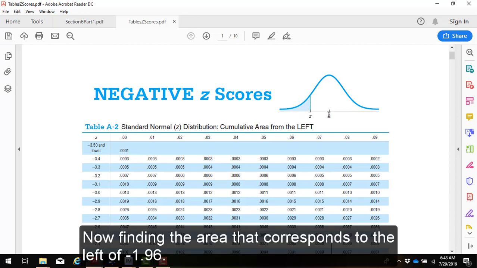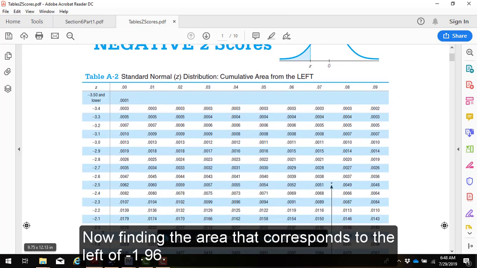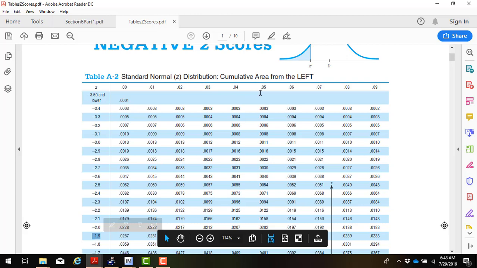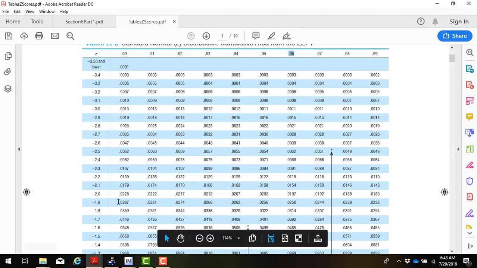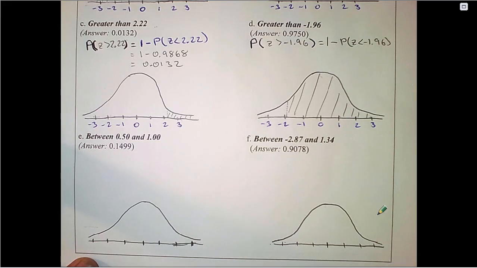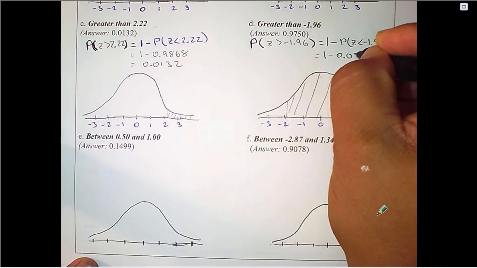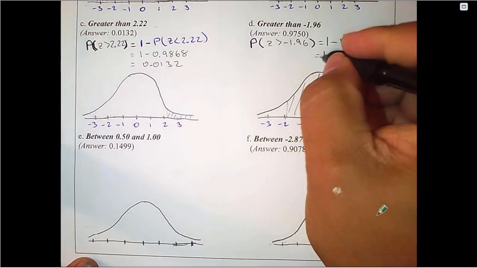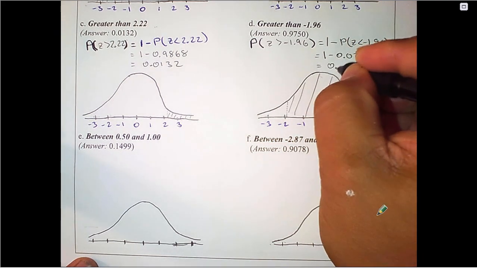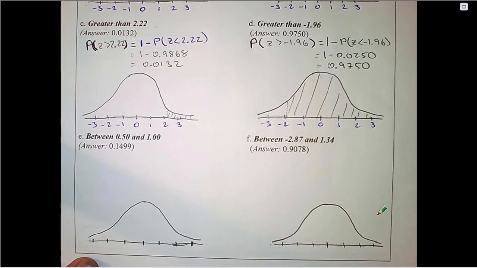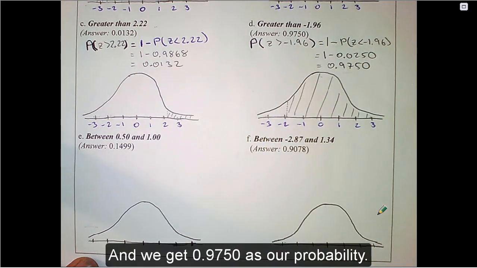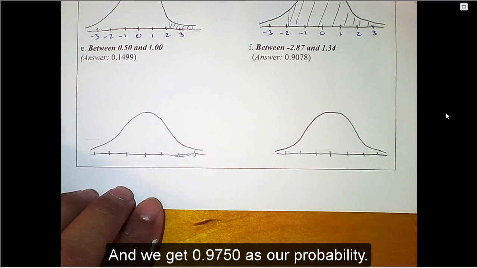Now finding the area that corresponds to the left of negative 1.96. And we get 0.9750 as our probability.